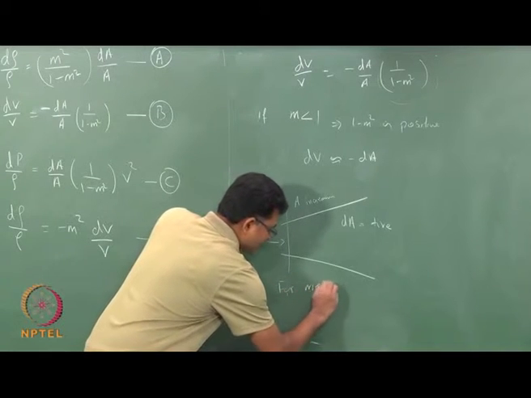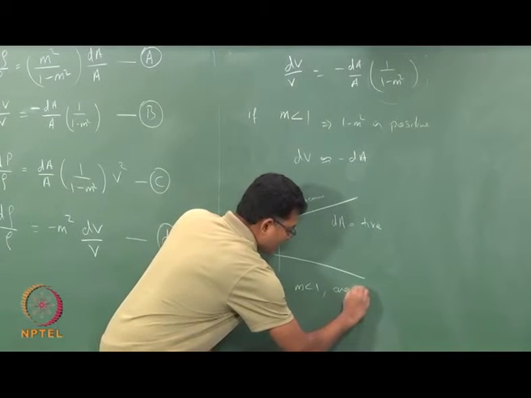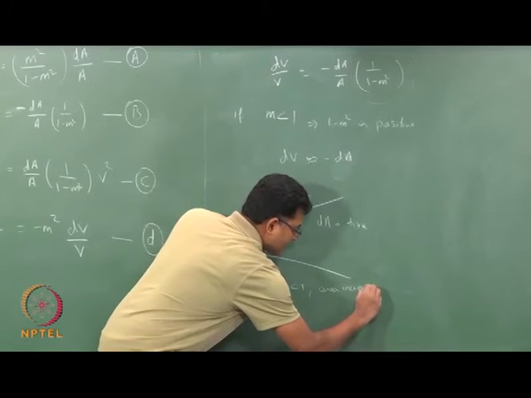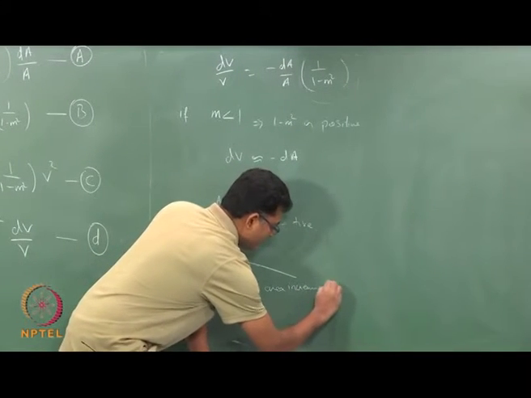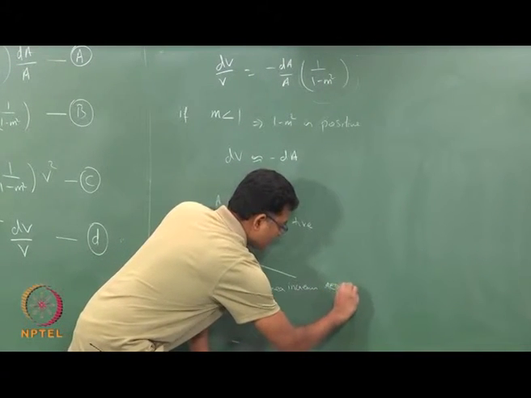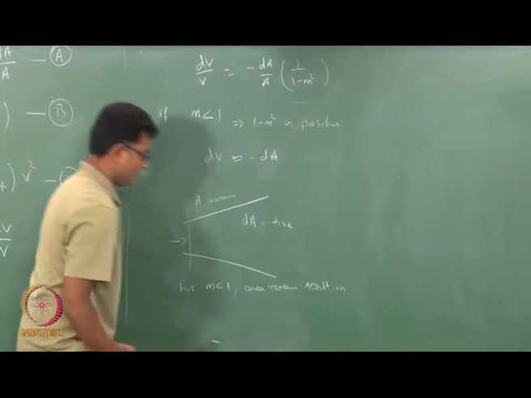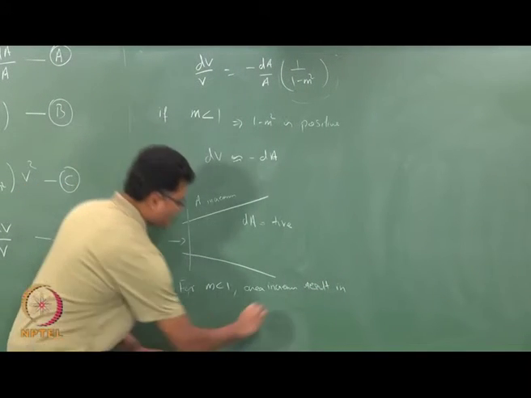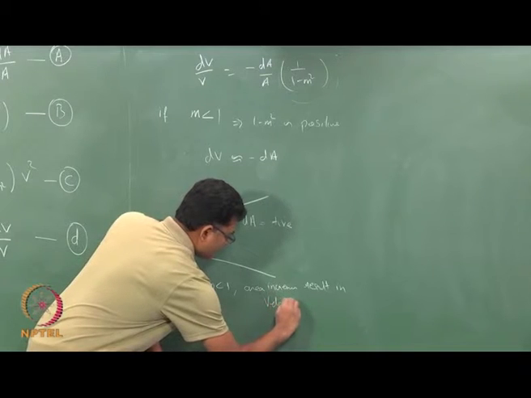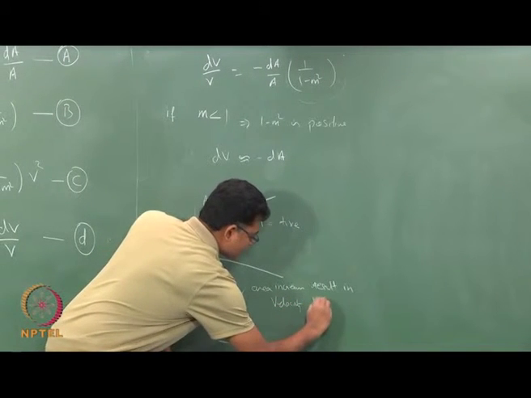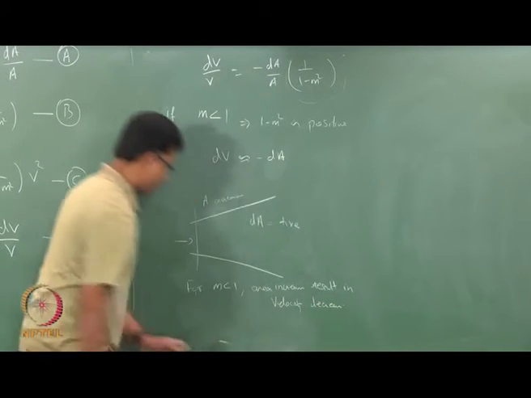For m less than 1, area increases would result in velocity decrease and vice versa.